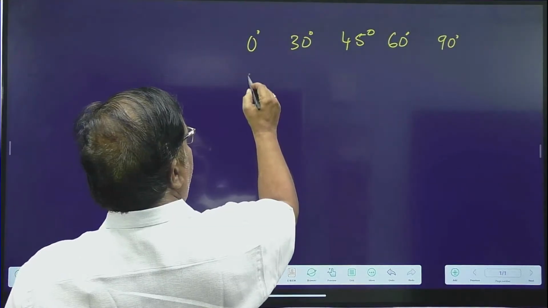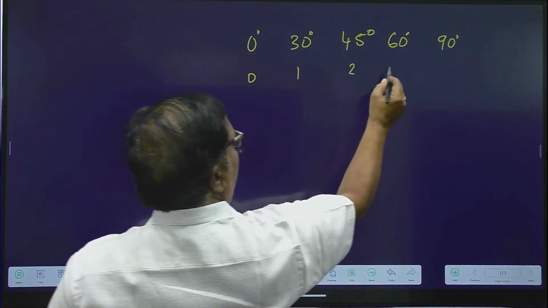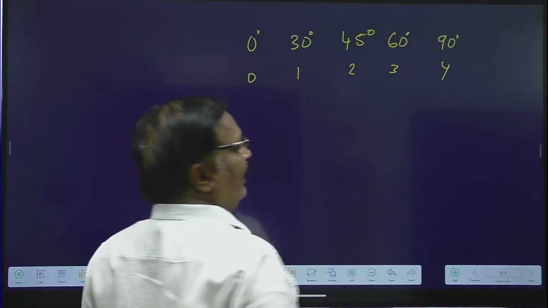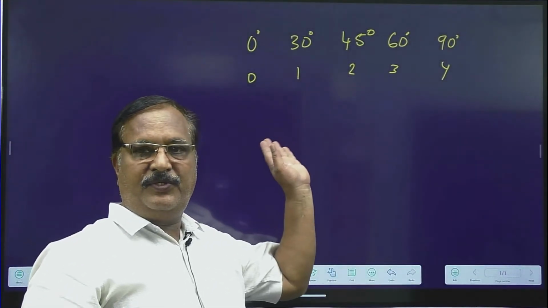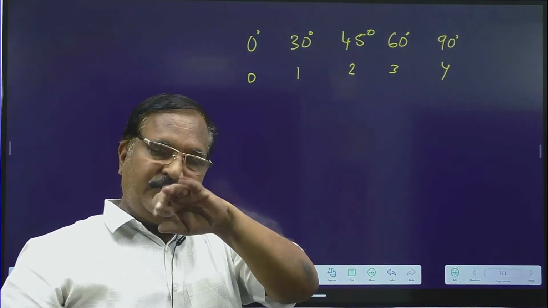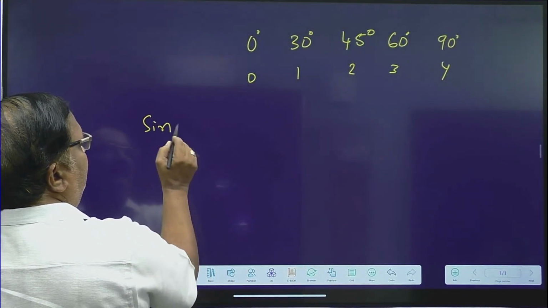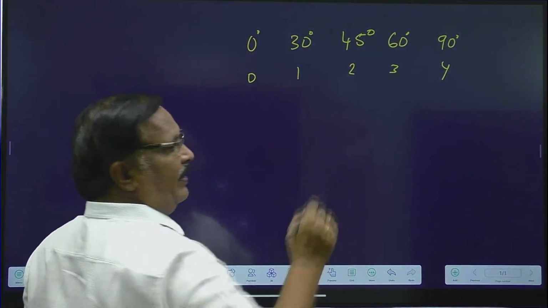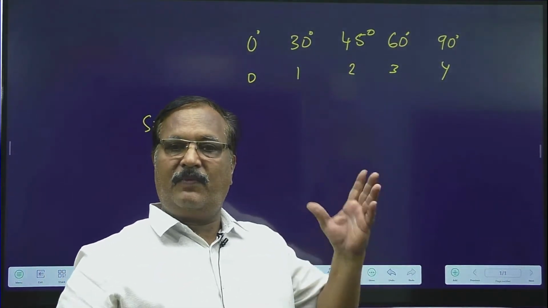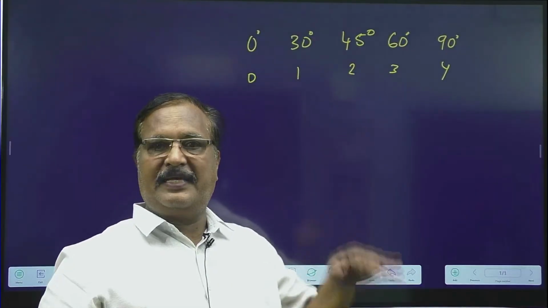So that means 0, 1, 2, 3, 4. This is a simple way to remember the values of these angles.